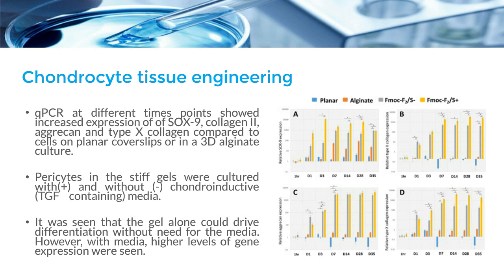And really importantly, much higher expression than cells in alginate in 3D, as you can see by comparing the grey and the yellow, the hydrogel bars, to the orange alginate bar. But whilst it was noted that adding in the contra-inductive media increased chondrogenic differentiation further, it's important to note that the hydrogel itself, the stiff hydrogel itself, drove chondrogenesis just fine.